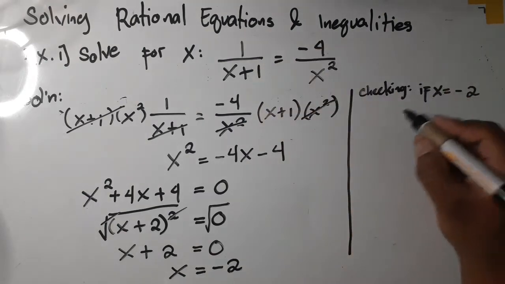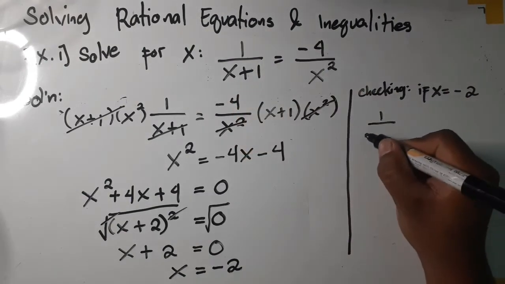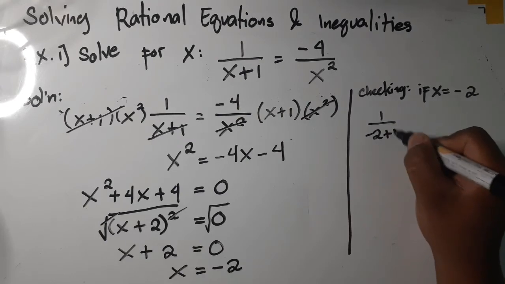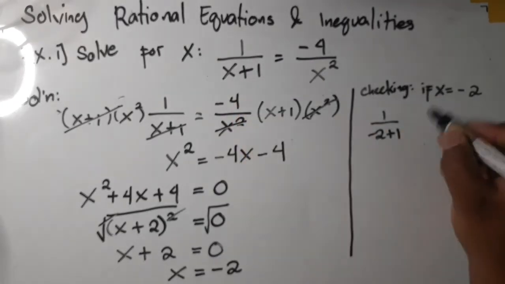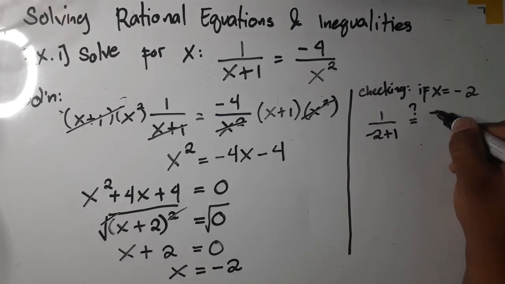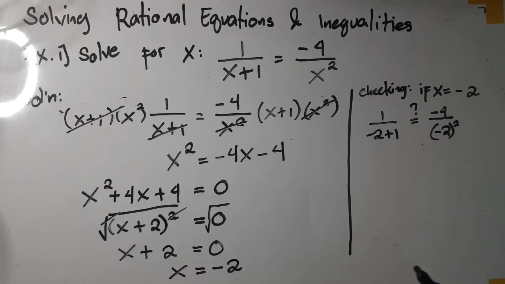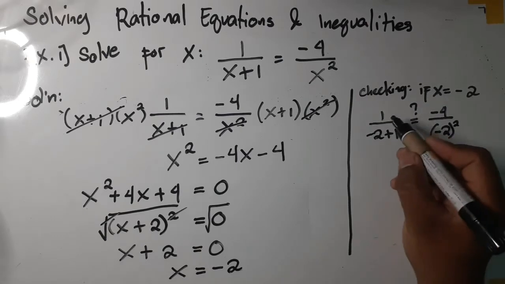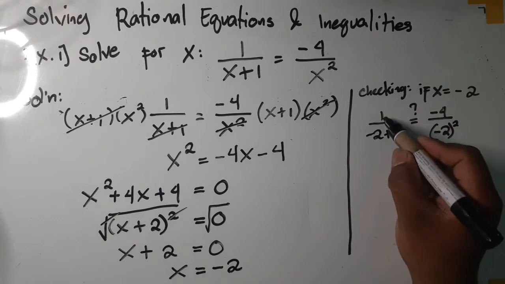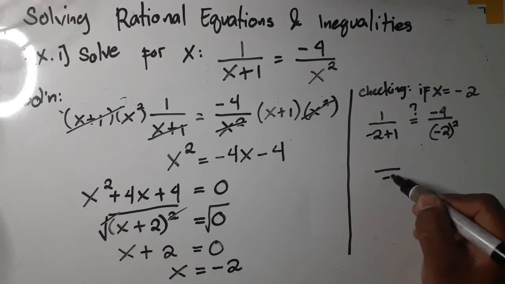So 1 over x, which is replaced by negative 2, negative 2 plus 1, equal to, let's put a question mark, we're not sure yet, the negative 4 over negative 2 squared. So simplify. For the numerator, that is simply 1. For the denominator, negative 2 plus 1 is negative 1.